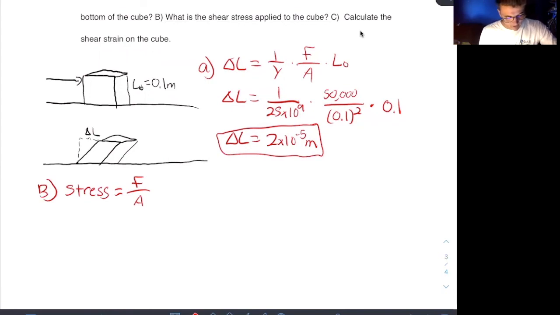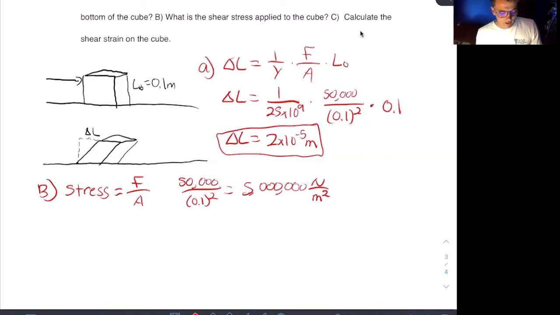You just plug in your force value and then your area, 0.1 squared. So that gives us like 5 million newtons per meter squared.